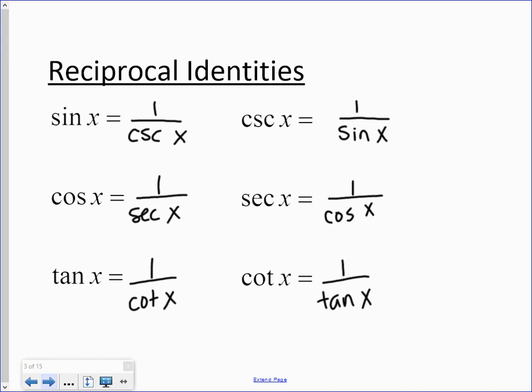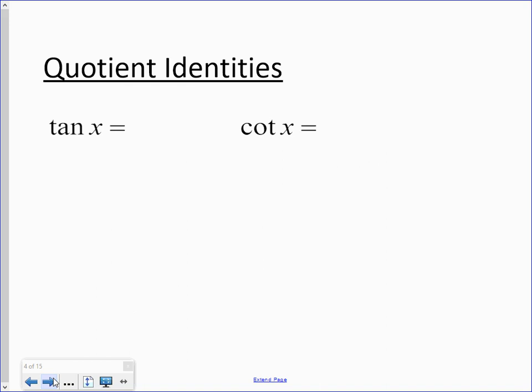Now, we also have some identities that are called quotient identities. And instead of having a quotient identity for all 6 trig functions, we only have a quotient identity for 2 trig functions, tangent and cotangent. Now, this really comes from Chapter 4 and your unit circle. So this is going to come in handy on the next 2 slides.